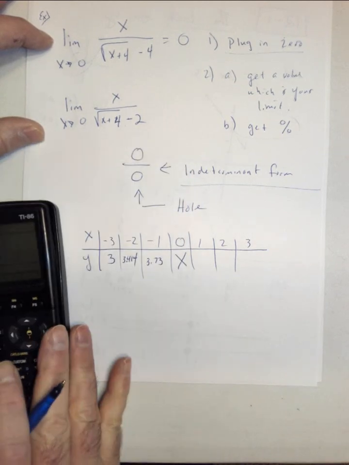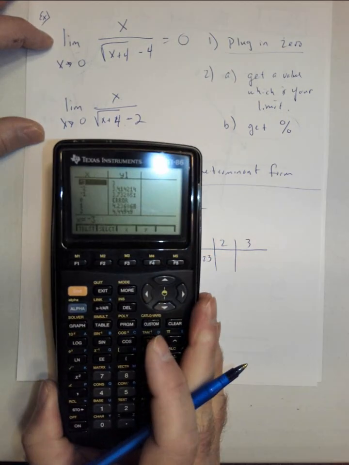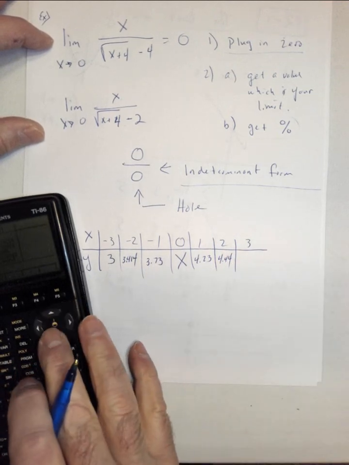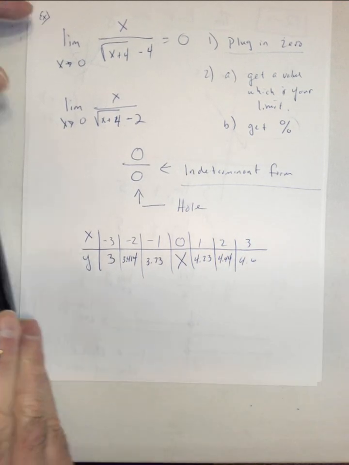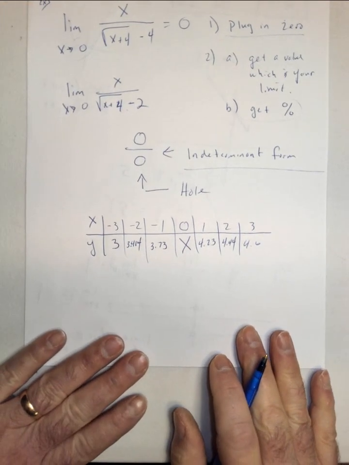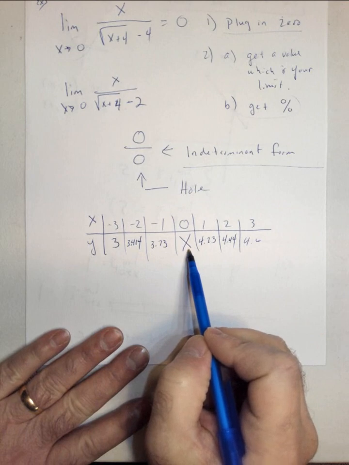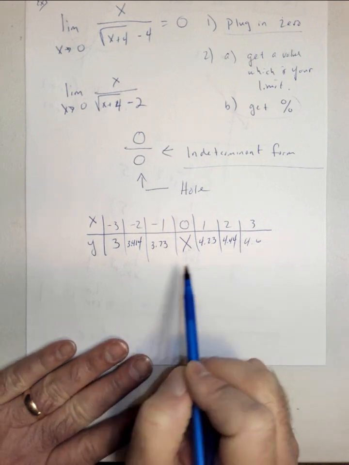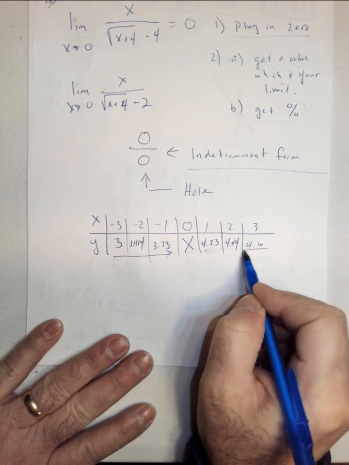And then at 1 we're at 4.23, 4.44, and then scrolling down to get the third value, 4.6. So what we see from our table is that we are approaching something right here, and then we are going away from it. So we are actually coming down this way and going up that way.